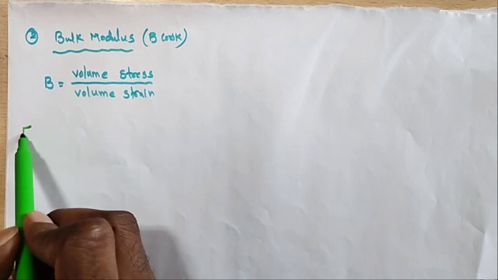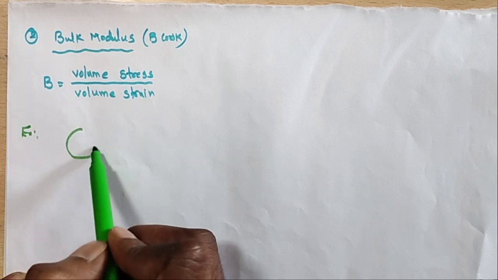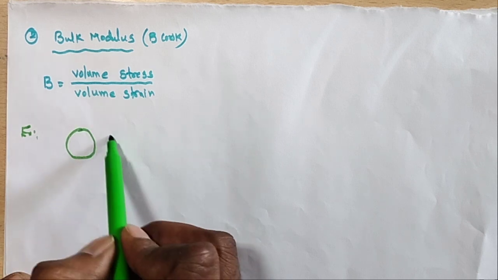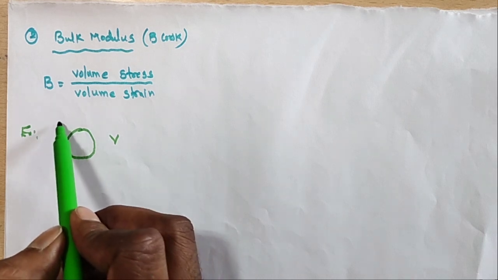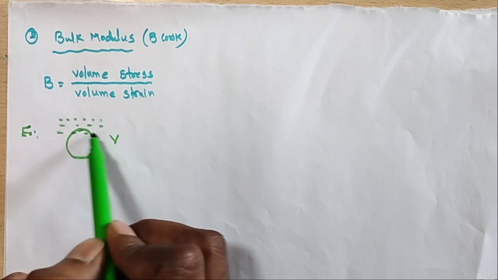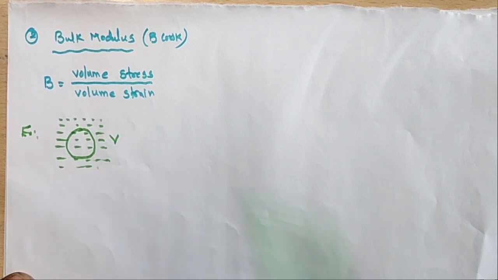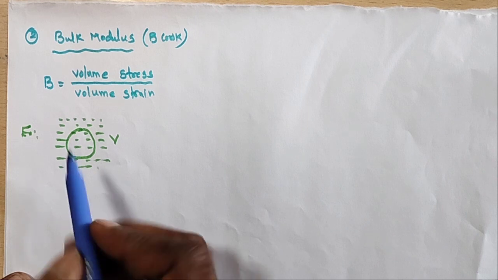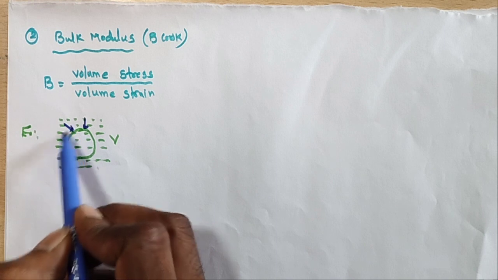So here I am taking one example. This is one object or solid, with initial volume V. Now this solid or object is placed inside water or a fluid. What happens? Here the force will be acting like this.